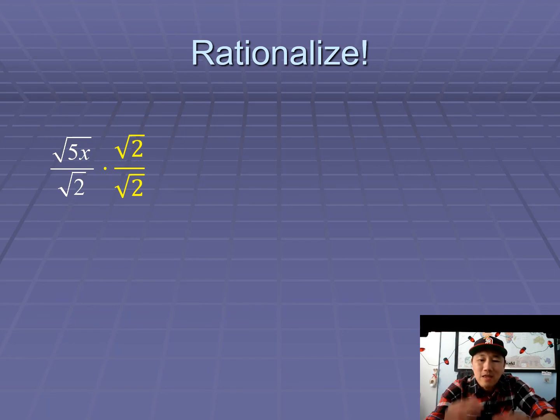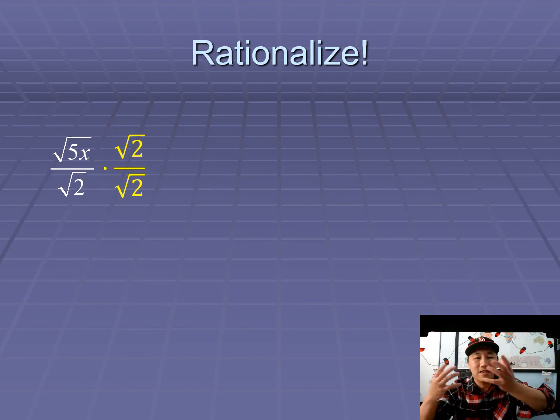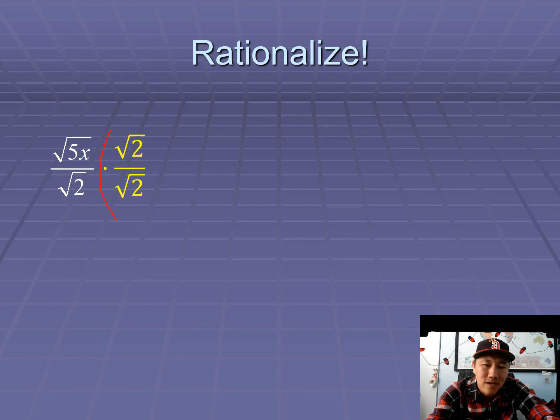And the reason why we're allowed to do that is you are allowed to multiply any expression with a number 1, and the expression will be the same. You can multiply anything by 1 and it doesn't change the expression. And this is just a fancy way of writing 1. Anything over itself is 1.